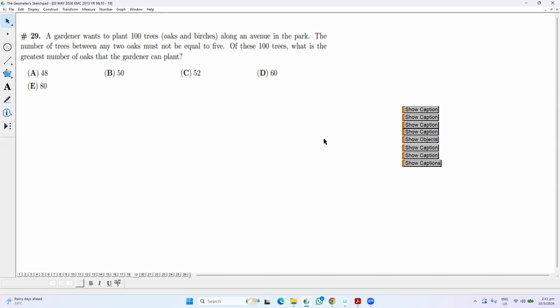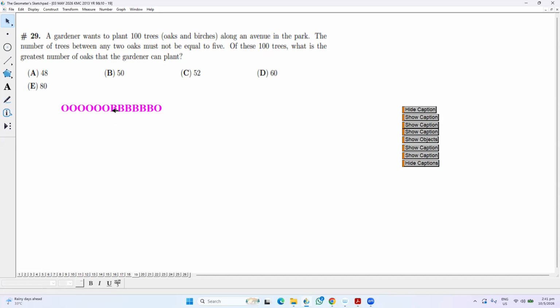So you got to do a little bit of trial and error. I want to put a lot of O, greatest number. Like O, O, O, O. So between two oak trees, I don't have 5 trees. I got 4 maximum.